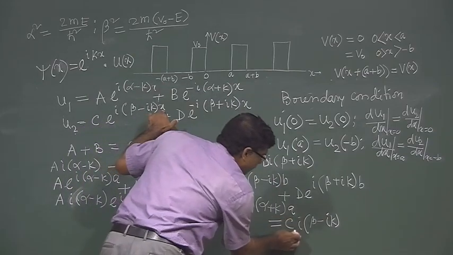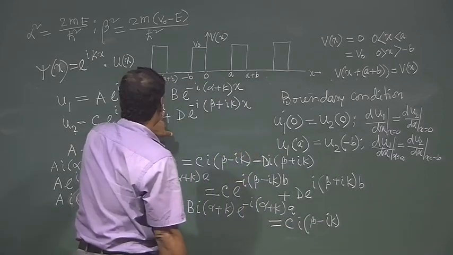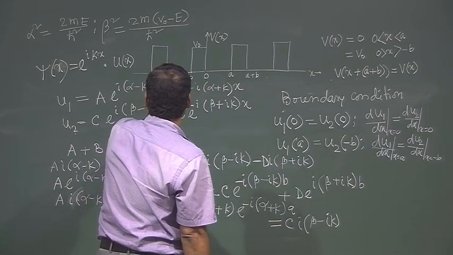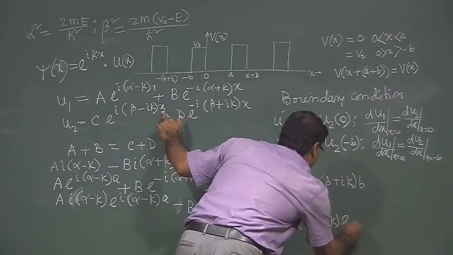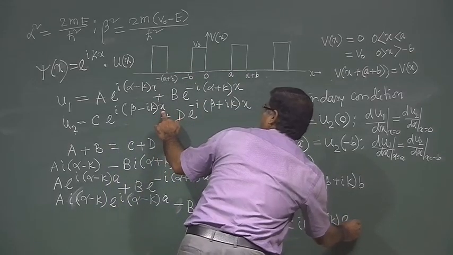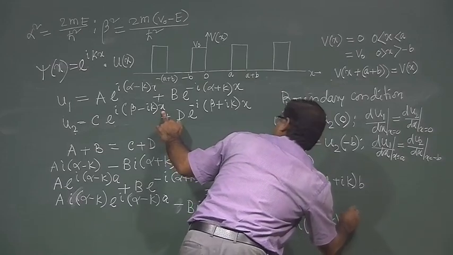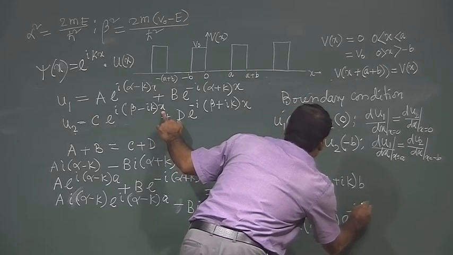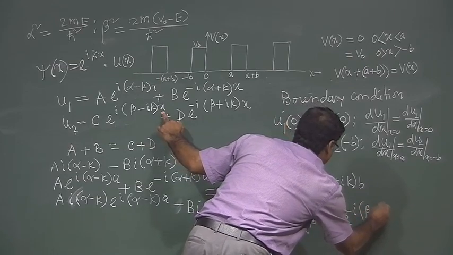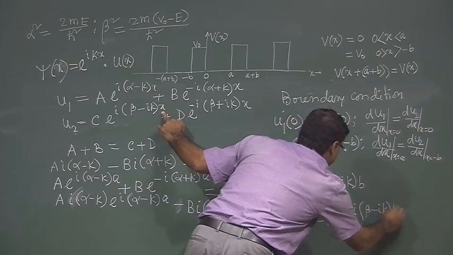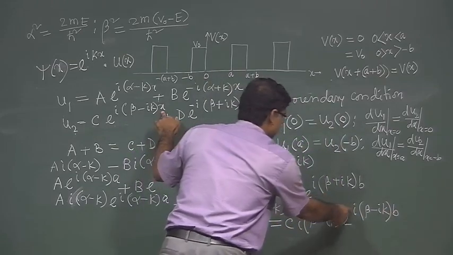So, I have to put e to the power minus i(beta minus i k)b. So, minus b, so minus I have taken here.